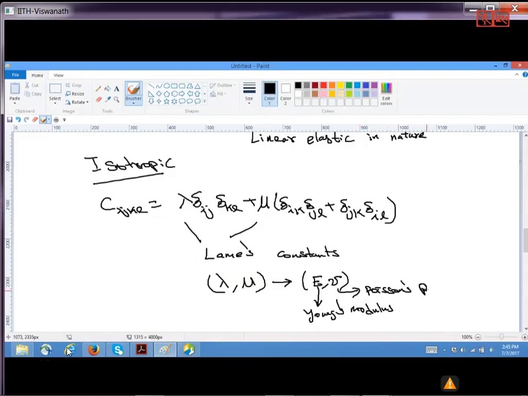So either you can choose lambda and mu as your independent variables, or you can choose E and nu, and you can express one in terms of the other. And mu is also known as your shear modulus.